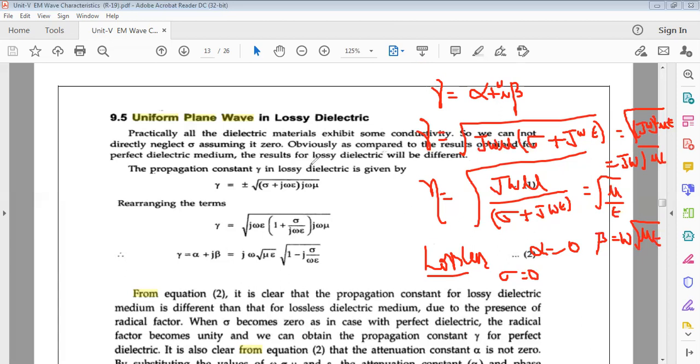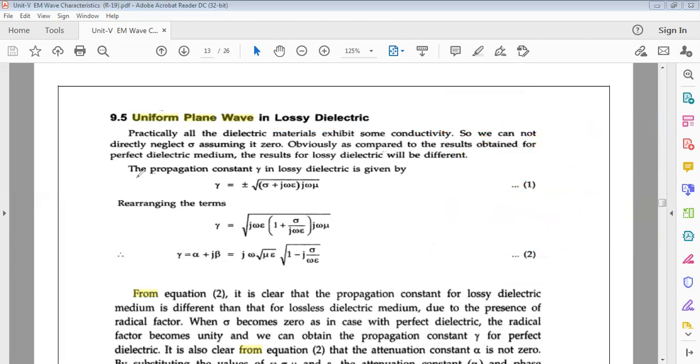Now we can go for deriving the expression for the uniform plane wave in the lossy dielectric. Lossy dielectric means alpha is not equal to 0. Understood, my dear students? Listen carefully. Practically, all dielectric materials exhibit some conductivity. In the previous lossless case, we took the conductivity as 0.